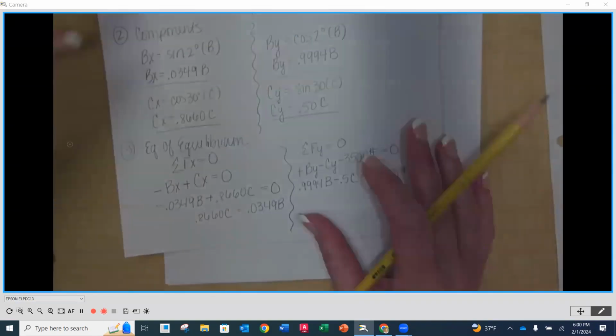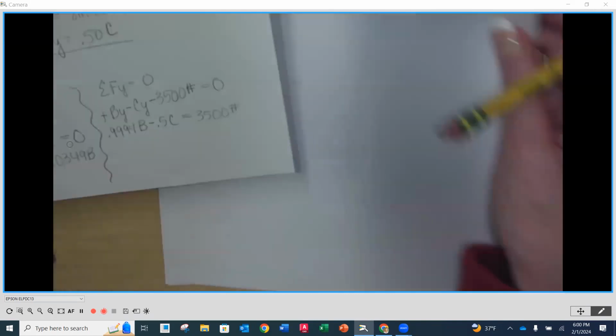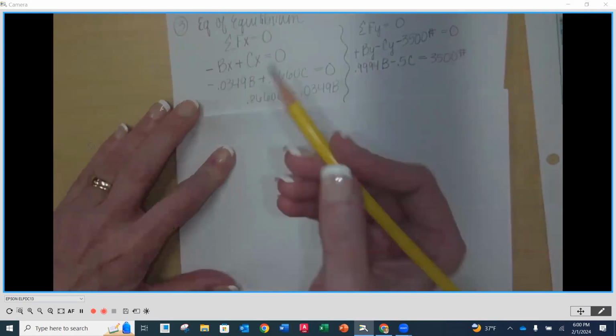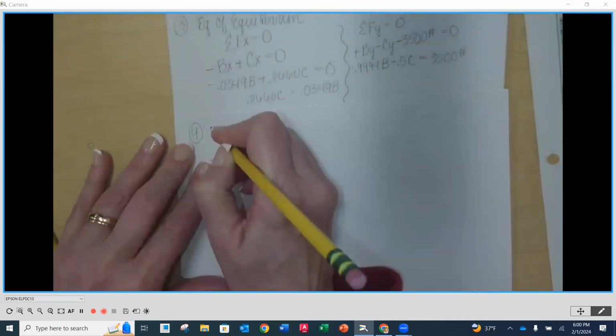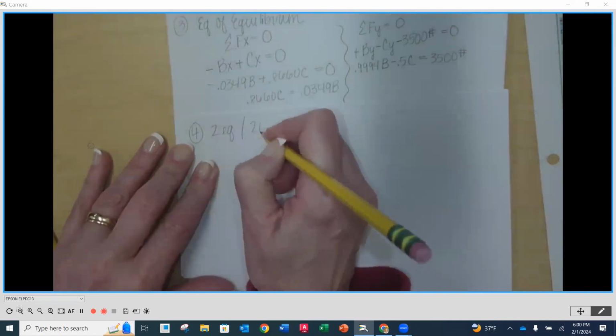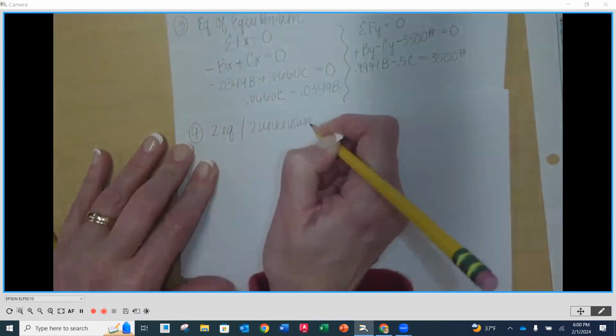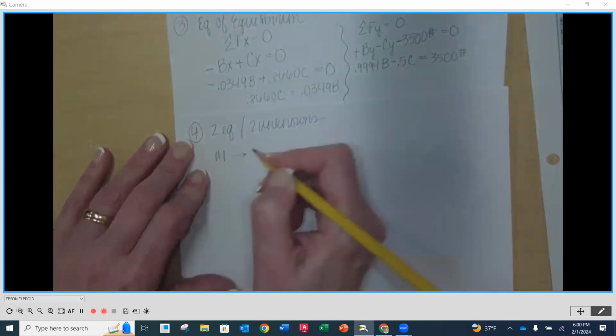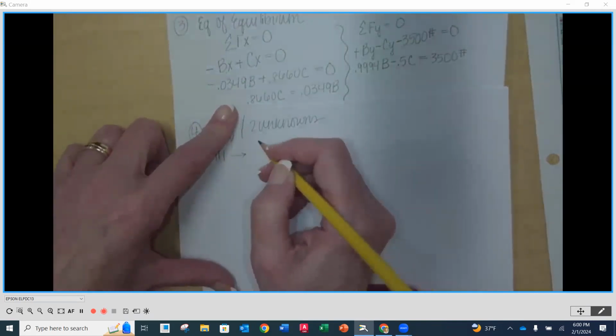All right. So I am going to keep this right here, and I am going to go to step number 4. This is going to be my two equations, two unknowns. I'm going to identify my equation number 1, and I'm simply going to use the sum of the forces in the x equals 0.